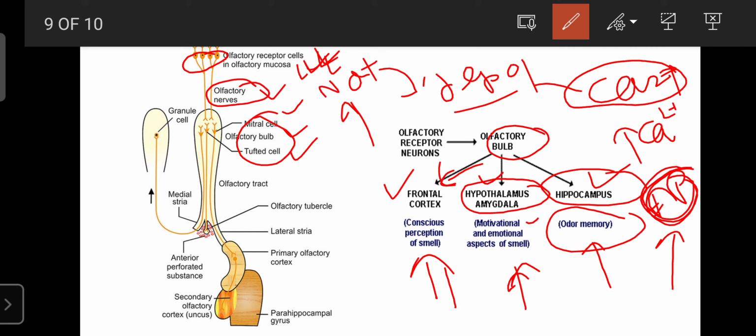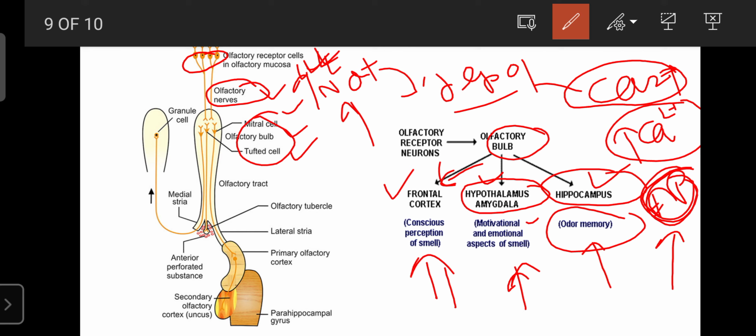Then the calcium accumulates. As the concentration of calcium in the cell increases, the cell starts to work. Every cell in the body, if calcium is accumulated, starts to show action. Here it is involved in the generation of information in the form of an action potential, which is carried by a special type of cranial nerve known as the olfactory nerve.